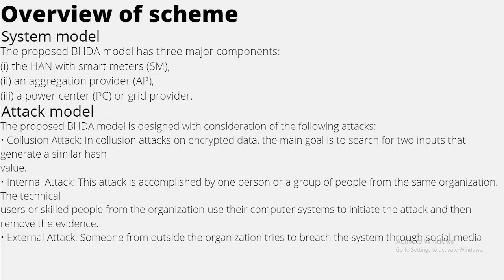For the first, the smart meter, the PC deploys the smart meter in every home area network for recording the usage of electricity. In the model, the symmetric homomorphic key is a confidential entity, and it is not revealed to any third party for authentication purposes.